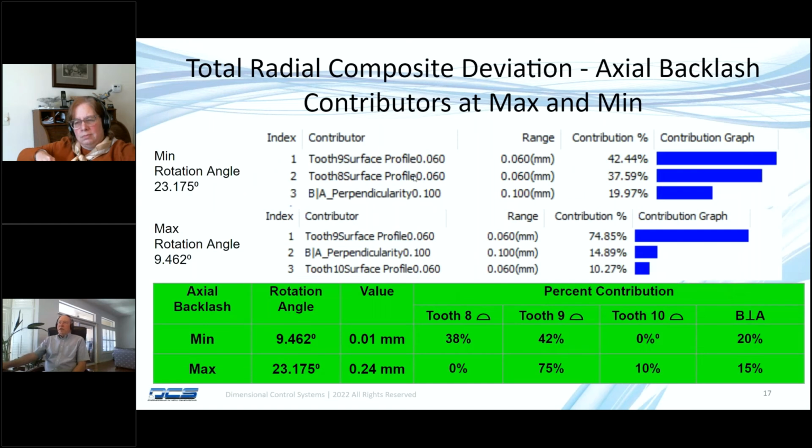And in DCS, it comes in the form of this report, which was translated into this report. So you can look at that, and they also have a graph so you can quickly find out what's contributing to the variation in this particular measurement.